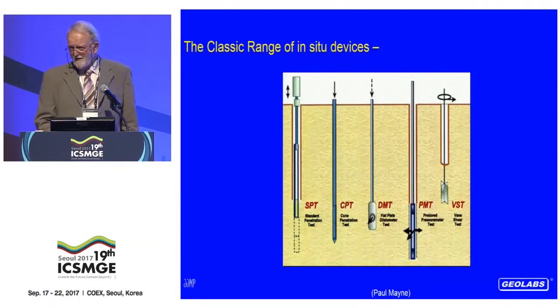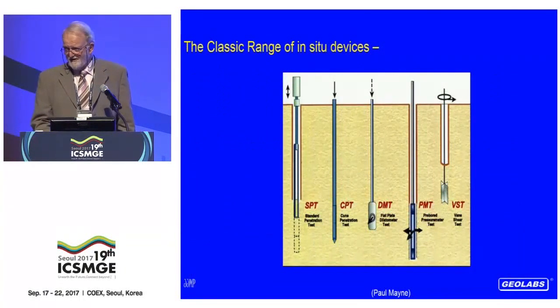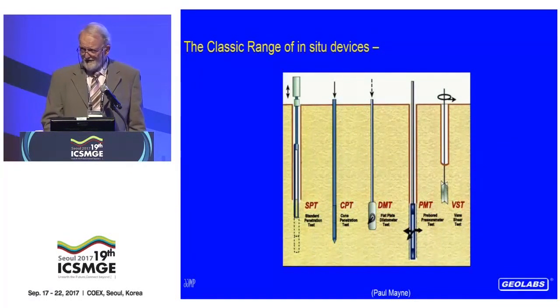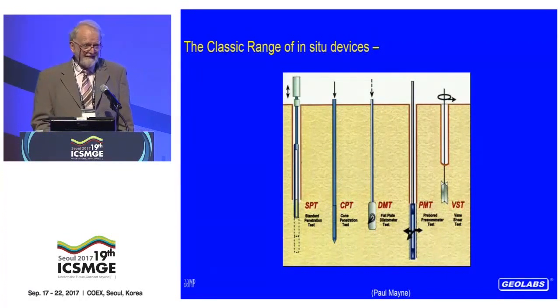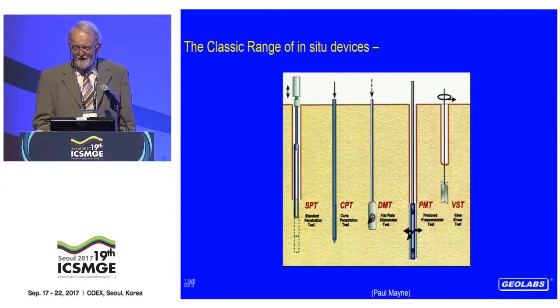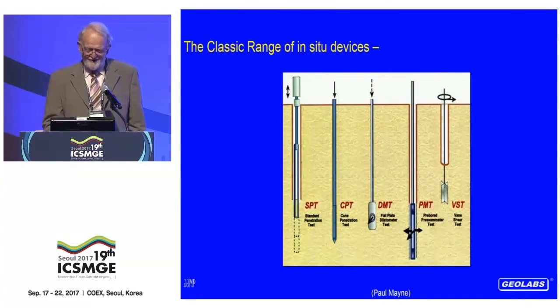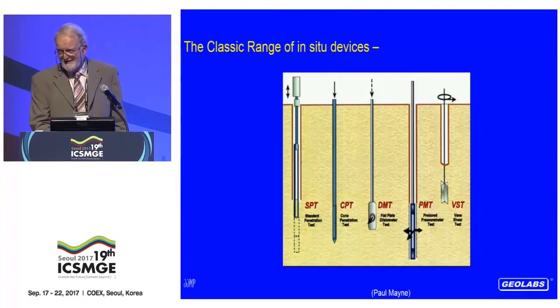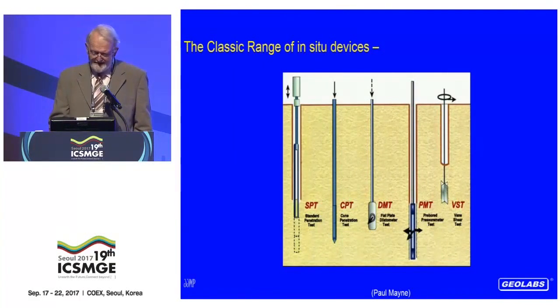Hopefully most of you, and I know you come from very different backgrounds in the geotechnical fraternity, have come across the basic range of in situ tests. The SPT that we've heard already mentioned today, and some people say the best thing we could do with the SPT is throw it away, but it's still widely used, so let's see what we can do with that. The cone penetration test, one of those widely used in situ tests.